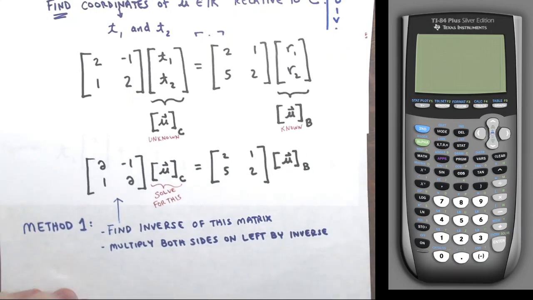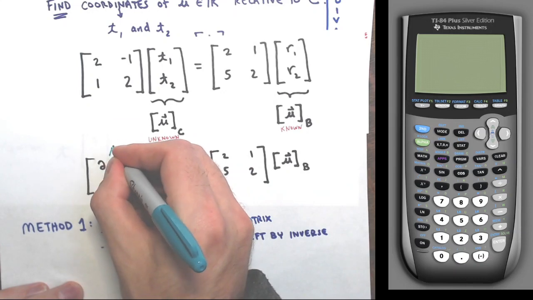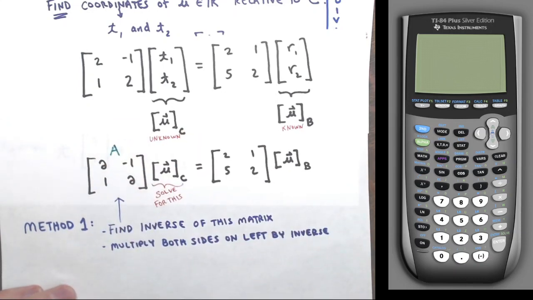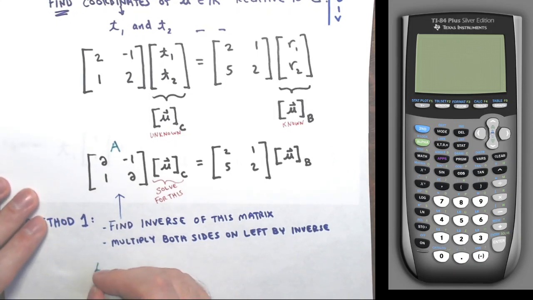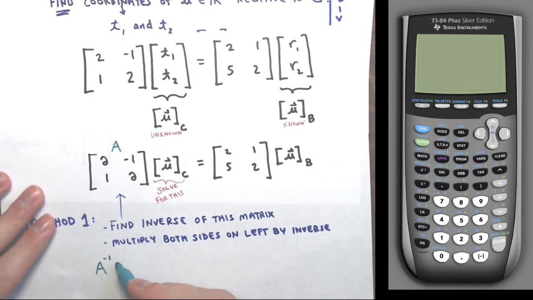Alright, so let's say I call this matrix here A. I haven't had a capital A anywhere, so that's cool. So remember A inverse. Now it's a 2 by 2. Now you can find A inverse a couple ways.